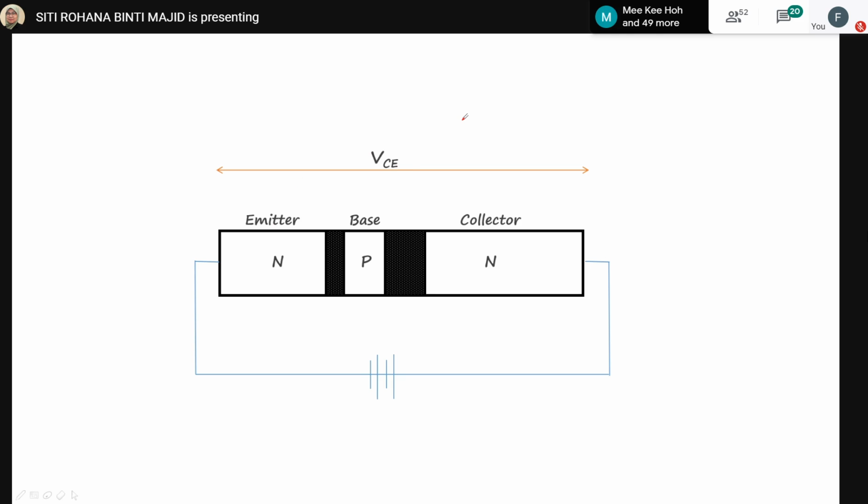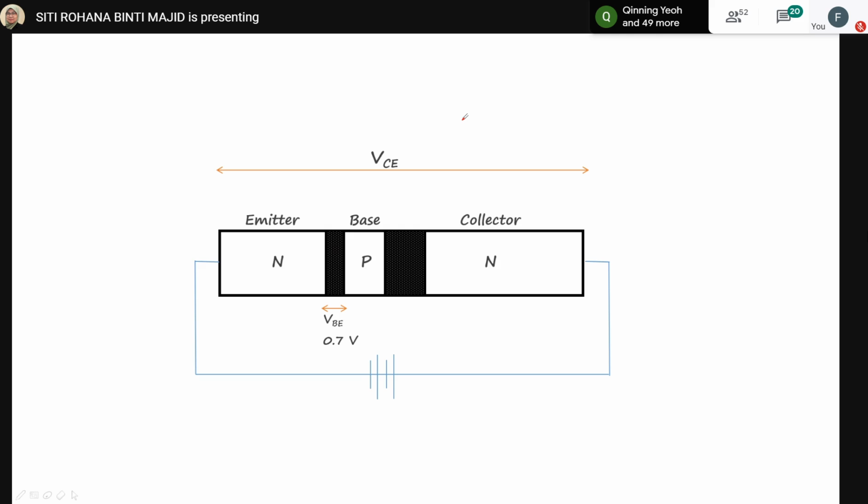One is the forward barrier potential across the emitter base junction, which we call VBE. VBE, the barrier voltage, is about 0.7 volt for a silicon transistor.